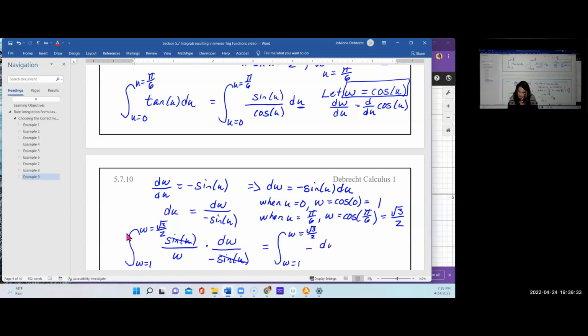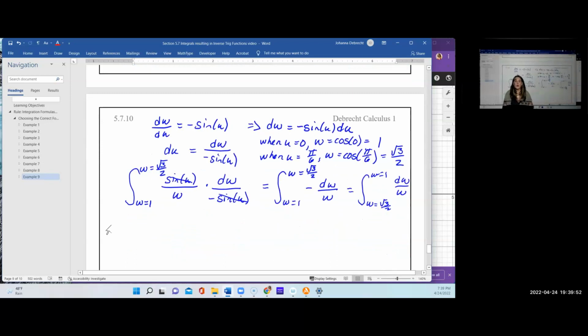This is negative d omega over omega. This becomes, if I switch the limits of integration from omega equal root 3 over 2 to omega equal 1, the integral of d omega over omega. Now you should recognize that one. You know that the differential divided by the variable is going to involve natural log.